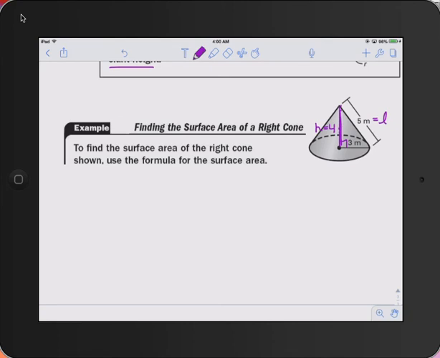It's given to be 5 meters. Okay, so for our surface area, I think I'll just do the formula. The lateral area first is pi r l. So it's pi times the radius of the circle, which is 3. The slant height is 5. So it's 15 pi meters squared.